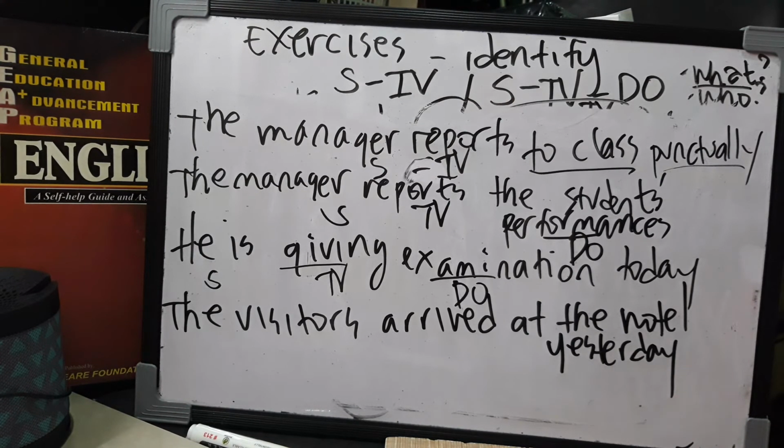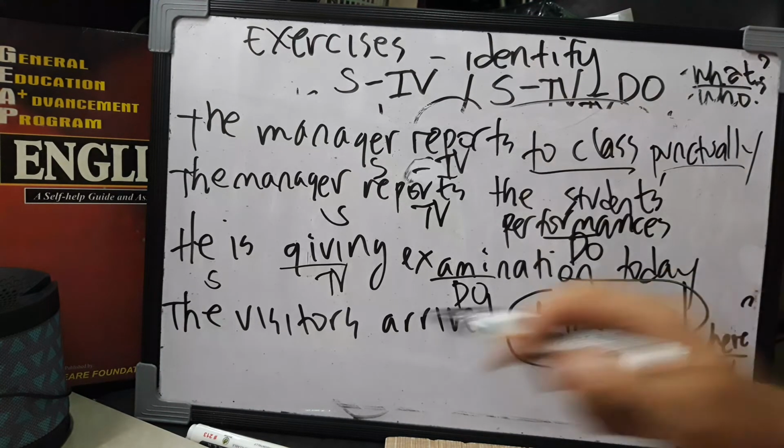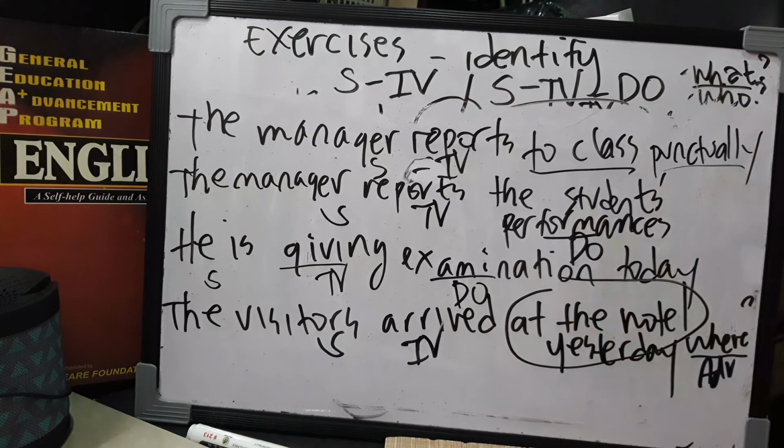So in that case, it does not answer what and who. Rather, it answers where, and where is an adverb of place. So this is not an object. So that is SIV. So again, in the sentence, there is no possible answer to the questions what and who.